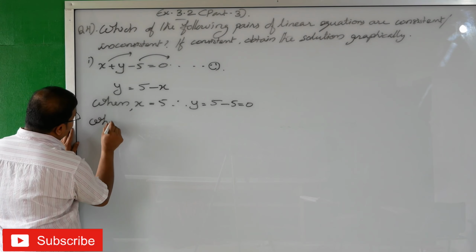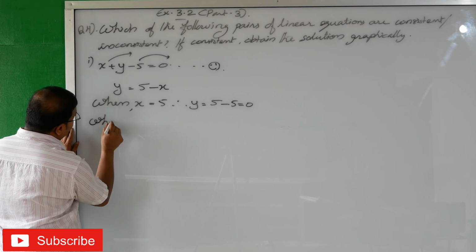Again, when x equals 0, therefore, y is 5 minus x, but in place of x, what you will write? 0. That means 5 minus 0 equals 5. Now you can make the table here. See, small table we can make here, with coordinates x, y.